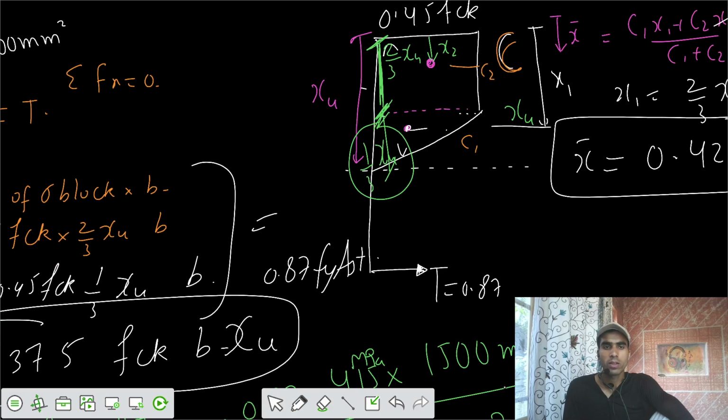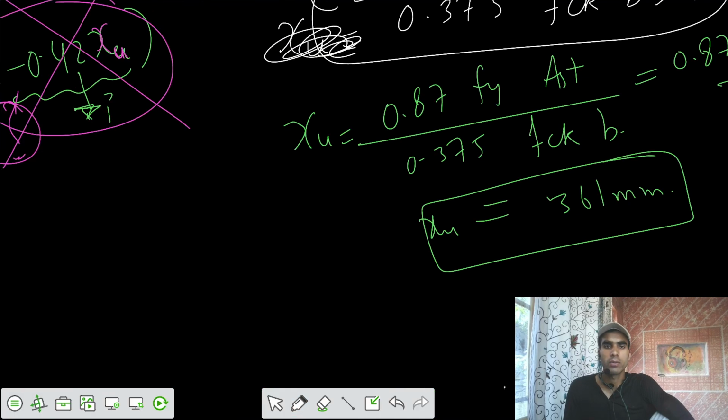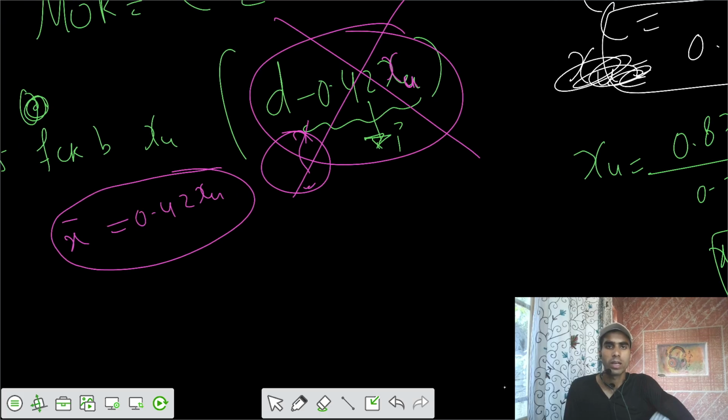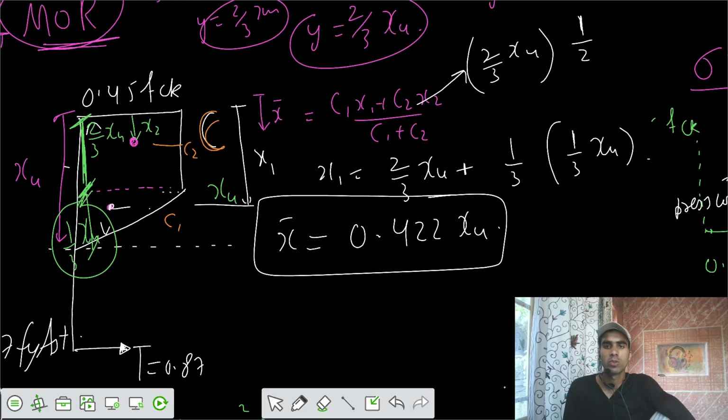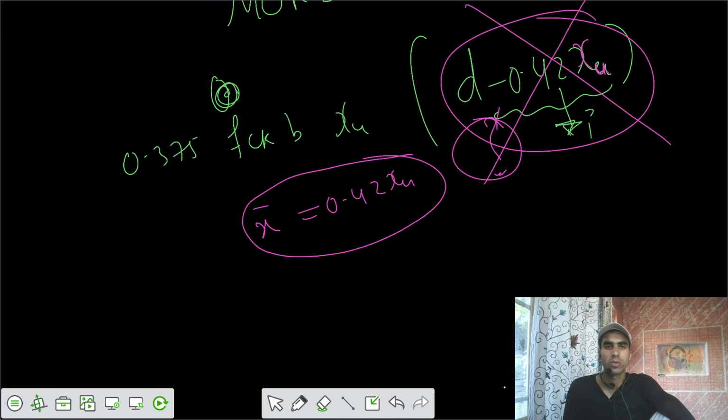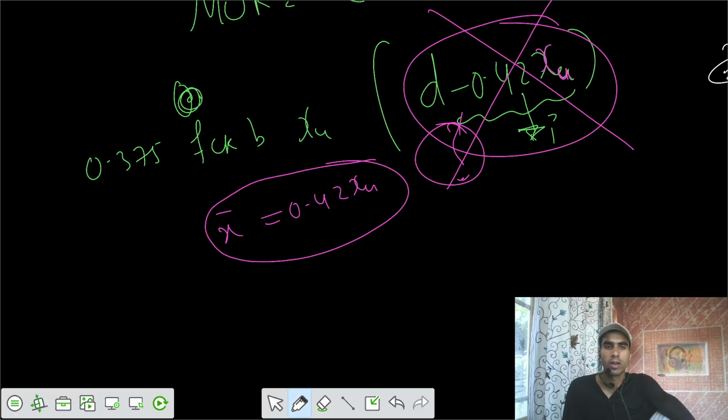Initially it was 0.42 xu, and in this case we got 0.422, which is almost the same. Let's substitute those values to get the value of MOR.